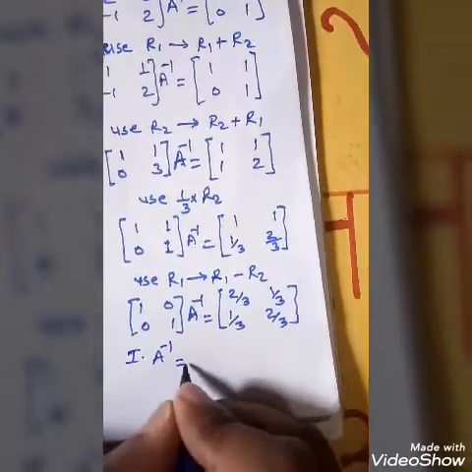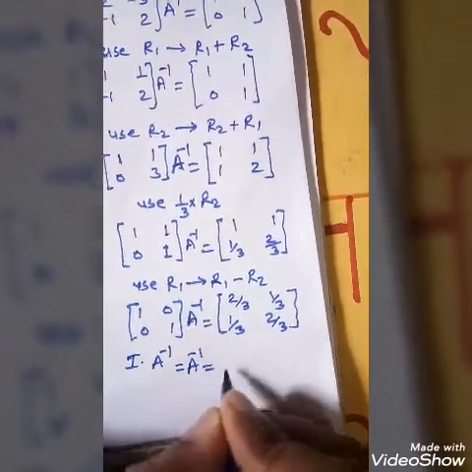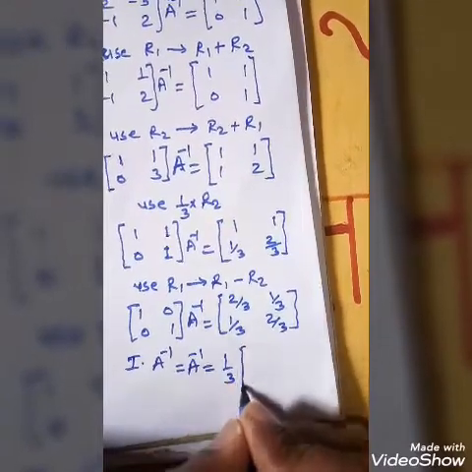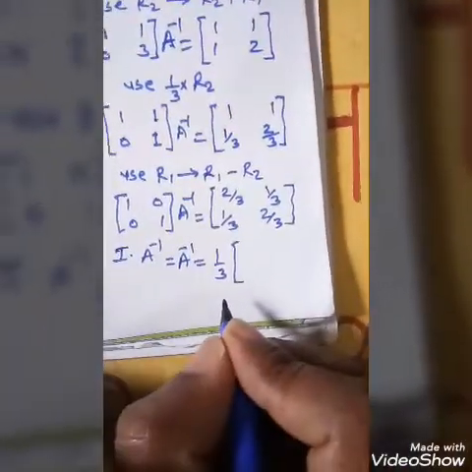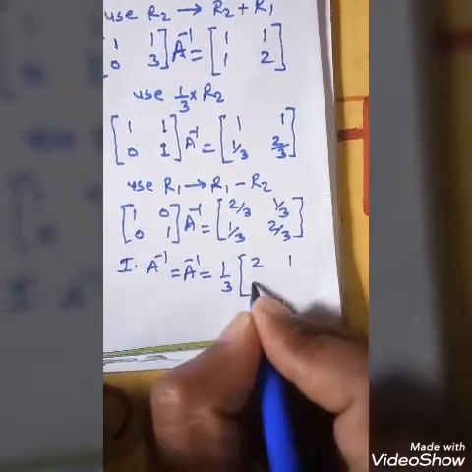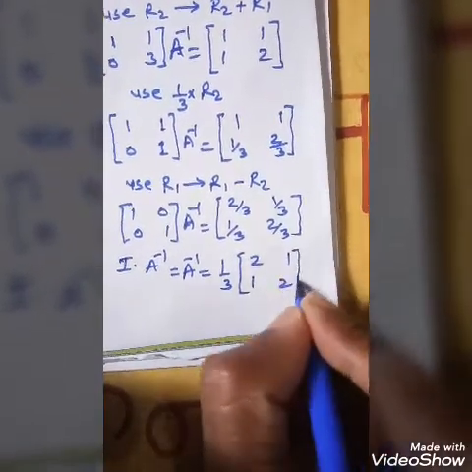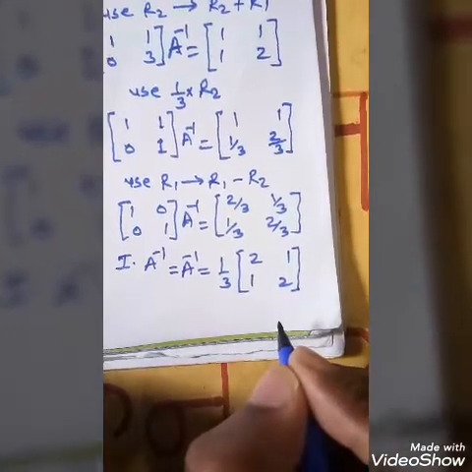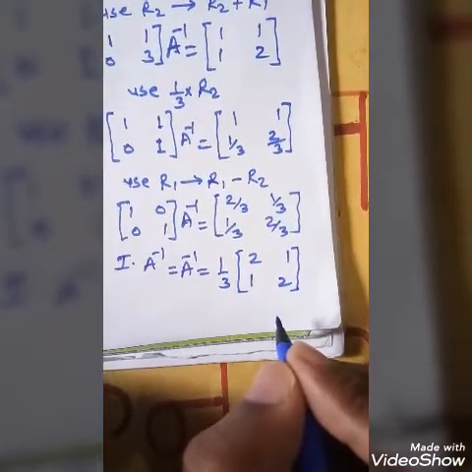I into A is equal to A inverse, taking 1 by 3 common. If you take 1 by 3 as common, then in the matrix we have 2 1, 1 2.